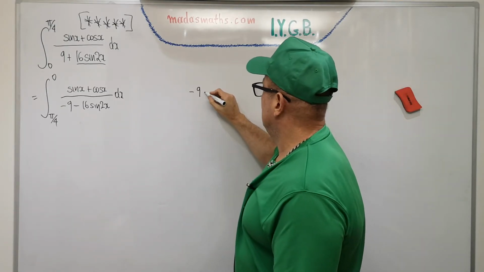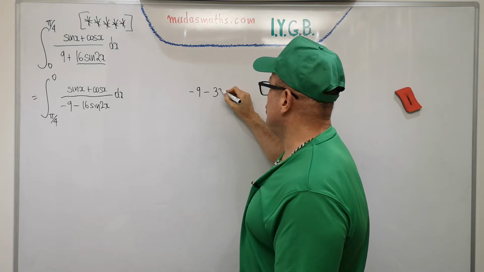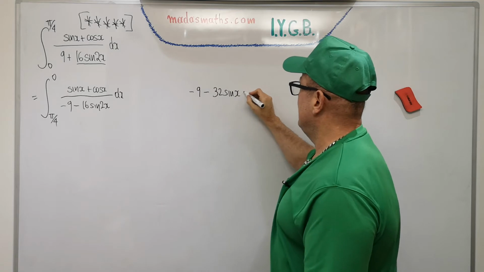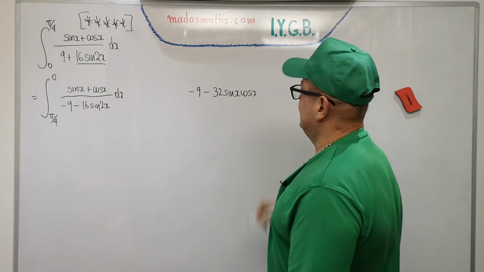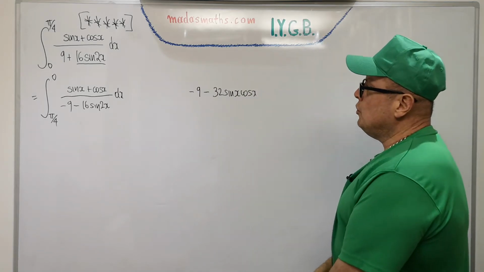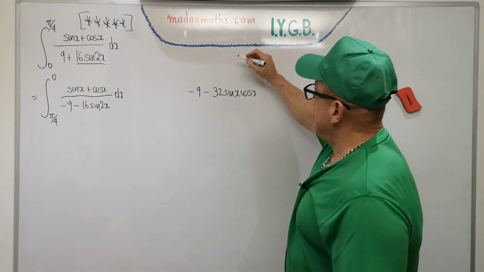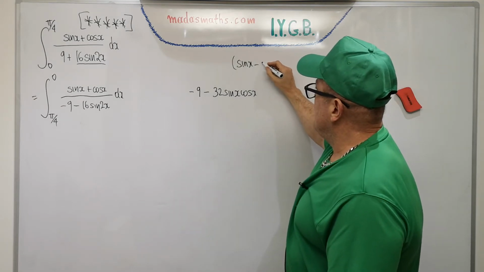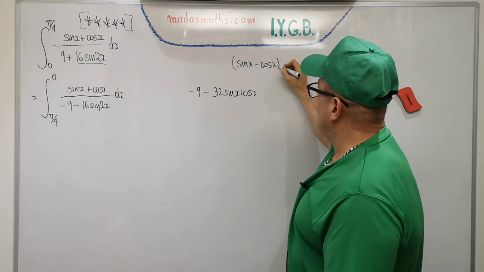Minus 9 minus 32, double angle of course, sine x cos x. I want to create the perfect square, and my target is to create sine x minus cos x all squared.